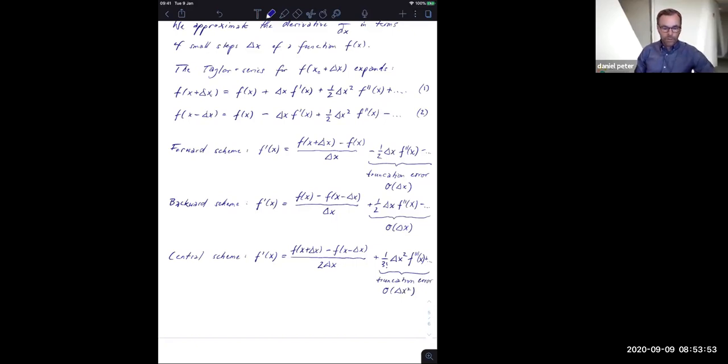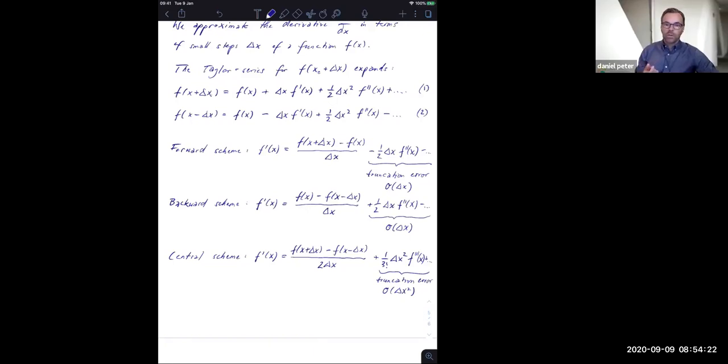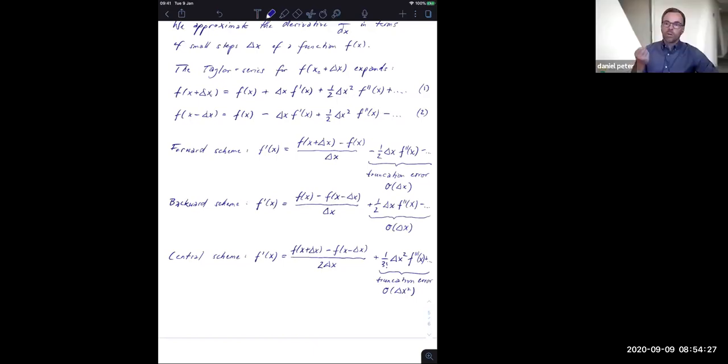And so we say the first two schemes, the forward and backward scheme, are first order schemes because the truncation error changes with delta x. And this central scheme is now a second order scheme where the truncation error changes with delta x squared. So the order of the scheme increases now for the central scheme. So if delta x is small, then a higher order scheme has a smaller truncation error, basically.